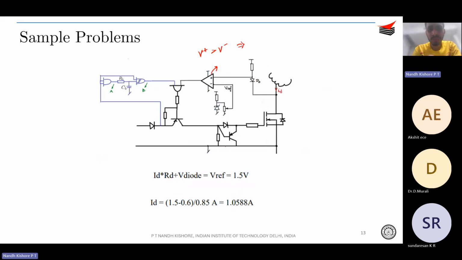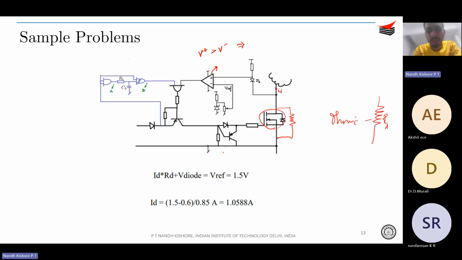Therefore, you understand what is V plus? V plus is connected over here, right? So you know that this entire MOSFET can be approximated as a resistance when the MOSFET is in the ohmic region. You can approximate the MOSFET as a resistance called RD or RDS on, that is your drain to source resistance.